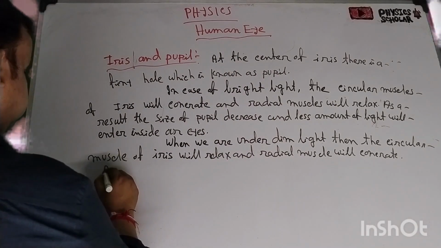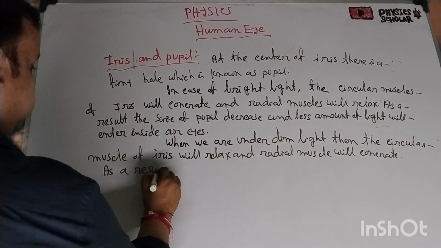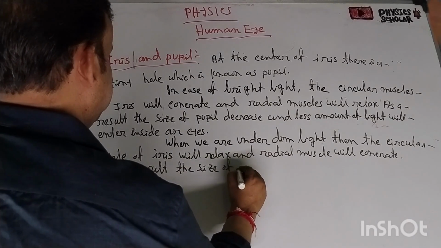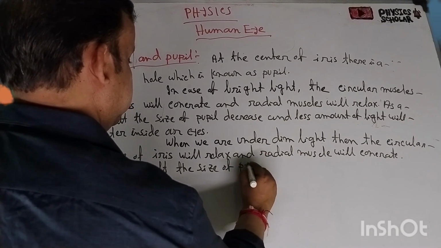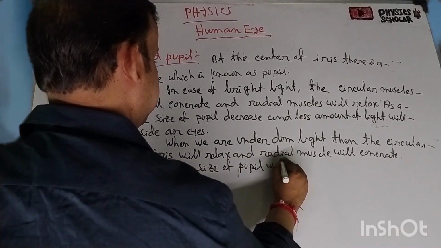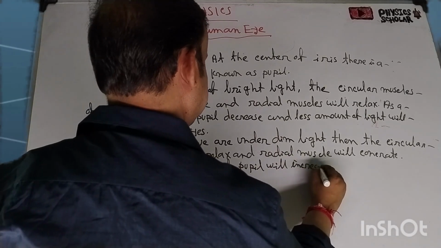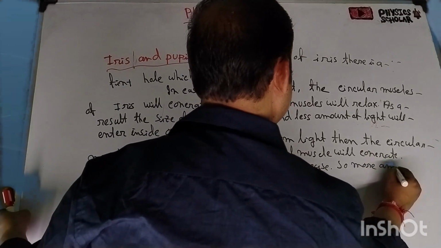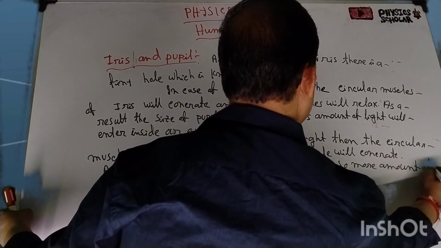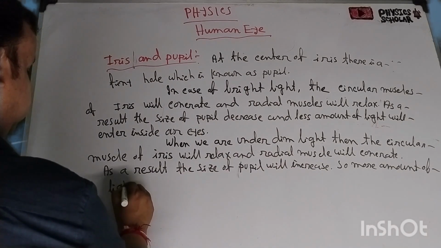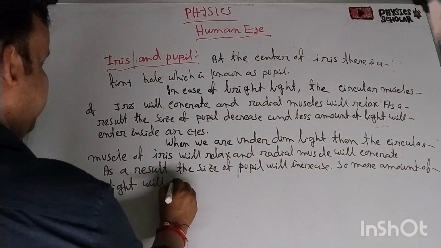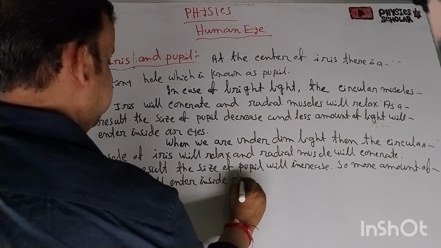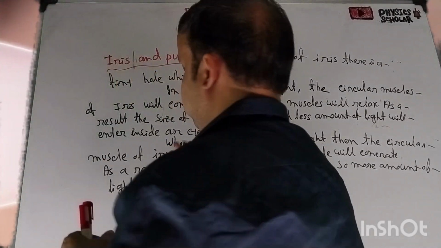As a result, the size of the pupil will increase, so more amount of light will enter inside our eyes. Clear? So this is the opposite thing.